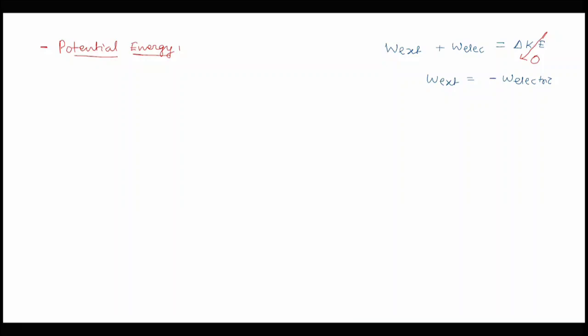Now in order to understand this, we are considering a system of two charges Q1 and Q2, which are at positions A and B respectively.